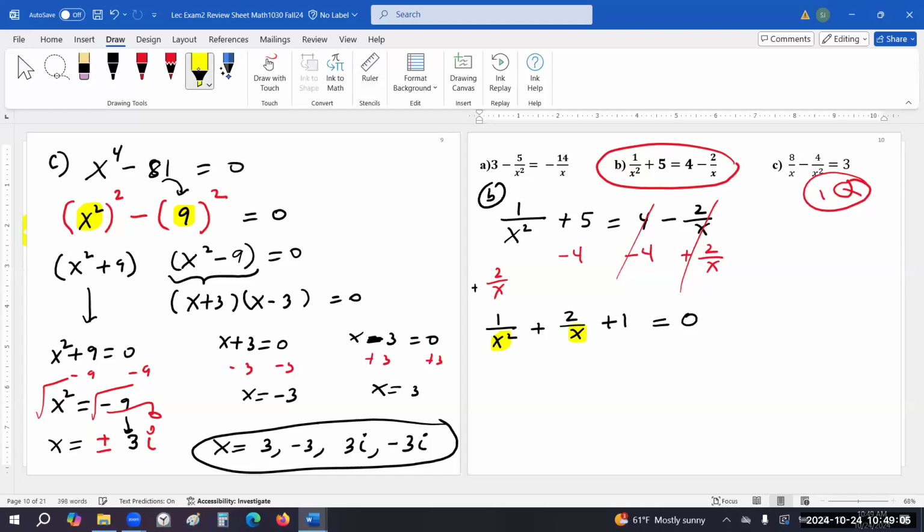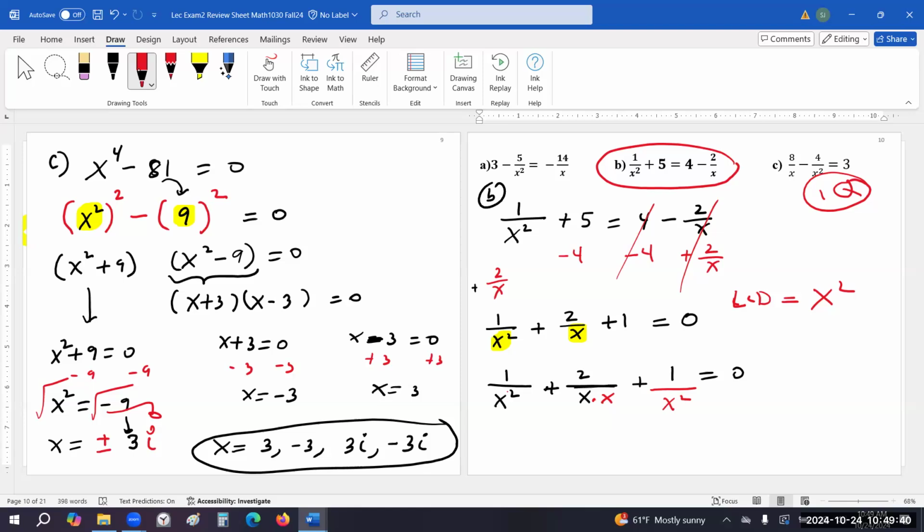So you look at our denominators. What is the LCD of the denominators between x and x squared? x squared. So we want the same denominator on every term. Let me rewrite again: 1 over x squared plus 2 over x plus 1 equals 0. We want to see x squared here, x squared here, and we already have x squared on the first denominator.